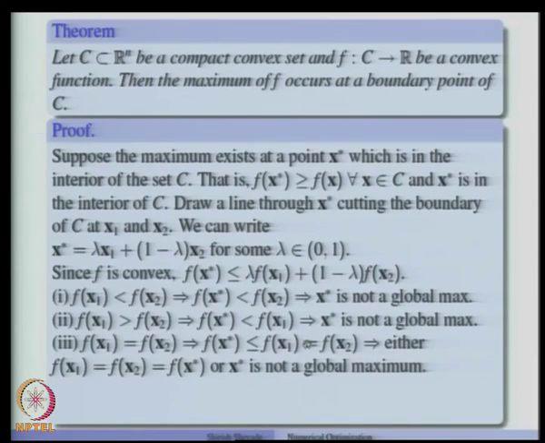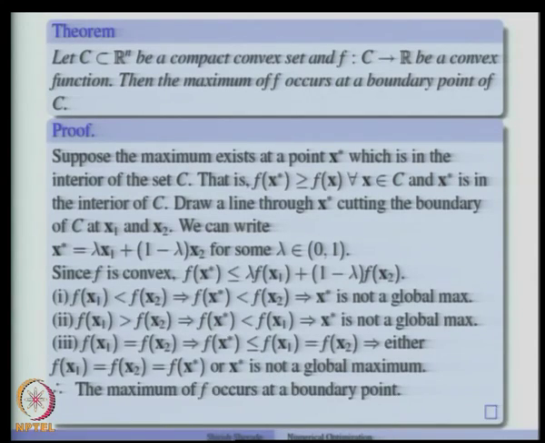So, that means that the value of the function at x star is the same as the value at x1 and the same as the value at x2. So, in that case certainly we have found a point on the boundary which is a maximum, but if the strict inequality holds, then x star is not a global maximum.